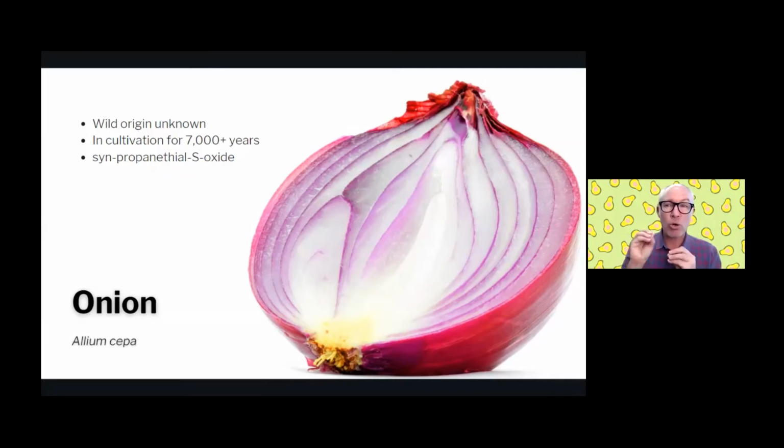We're not sure which one or ones were brought into cultivation and selected for the bigger and bigger and bigger storage leaves. But we do know that onions have been with people and trying for 7,000 years to keep people from eating them, but it hasn't worked at all. And onions have been in cultivation for more than 7,000 years.